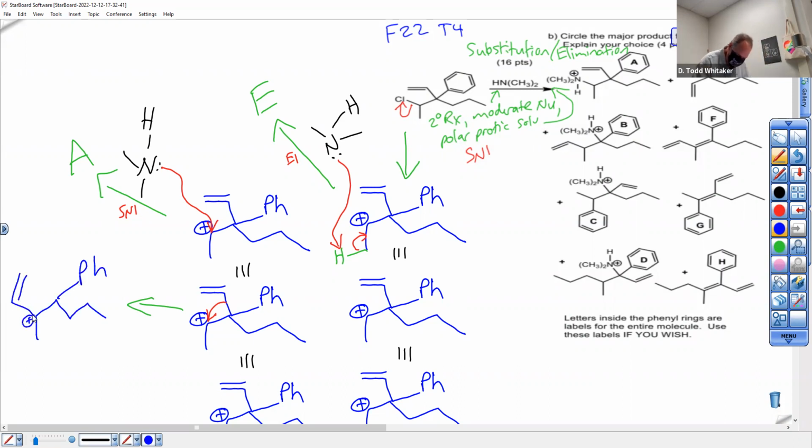And that needs to become B. Is that right? Yeah, B. The same way we made A before. Nitrogen lone pair H and 2 methyl. And then we need a copy of this cation.